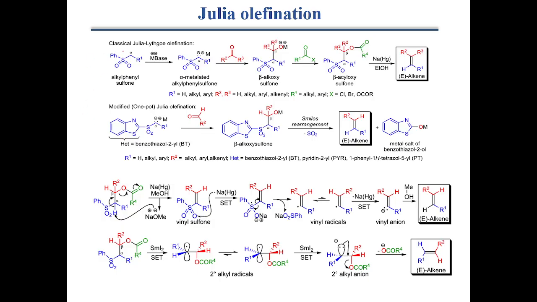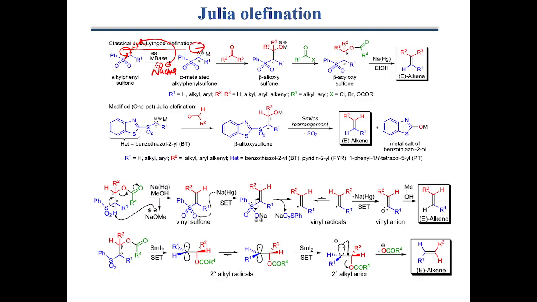First I will discuss the classical Julia olefination reaction. Any alkyl phenyl sulfone, in the presence of a base such as NaOMe, Na plus, OMe minus, will lose the acidic alpha proton, giving this negative charge.